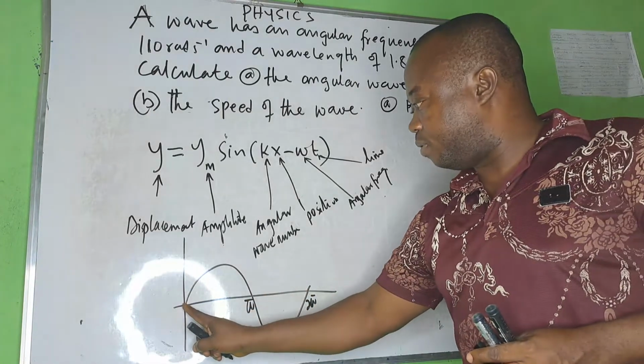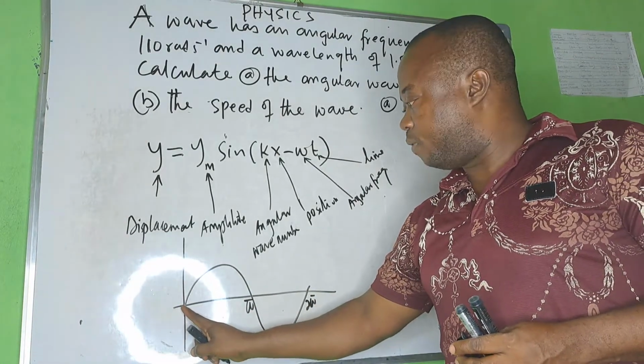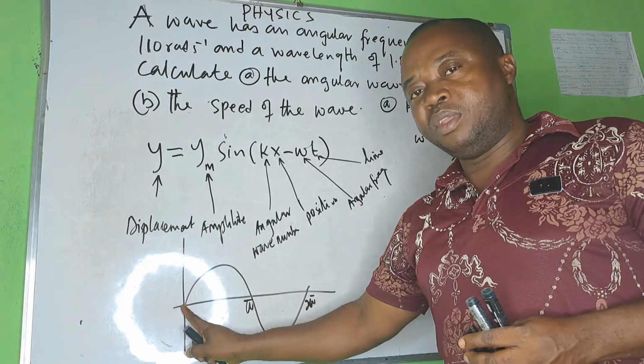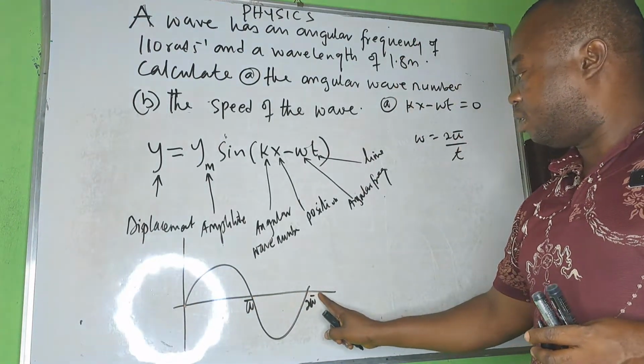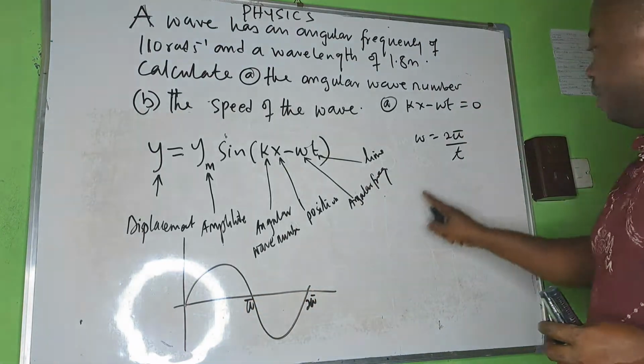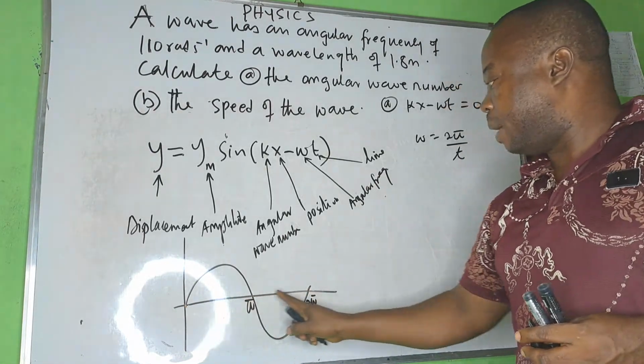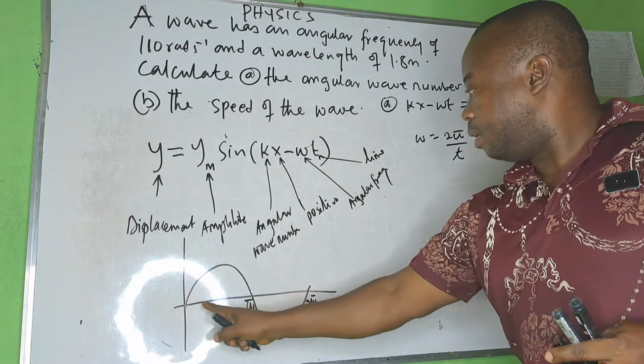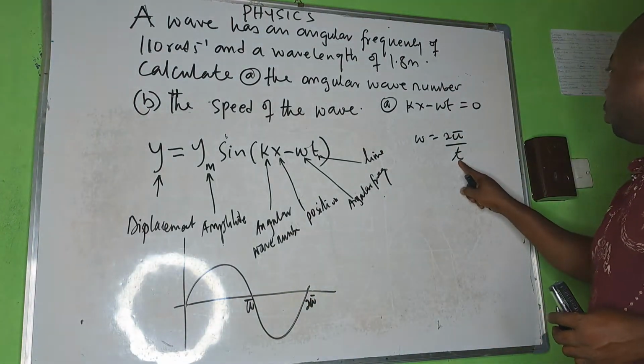The oscillating particle has to travel from 0, when theta is 0 radian, to when theta is 360. This is a complete oscillation. So it's 2 pi divided by the time it has taken the particle to traverse this space.